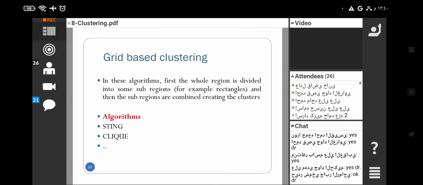The other type of clustering is grid-based clustering. In this type of clustering, we have a grid. Do you know what a grid is? Like this. Okay, this is a grid.